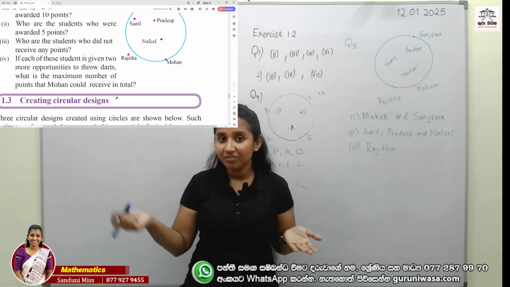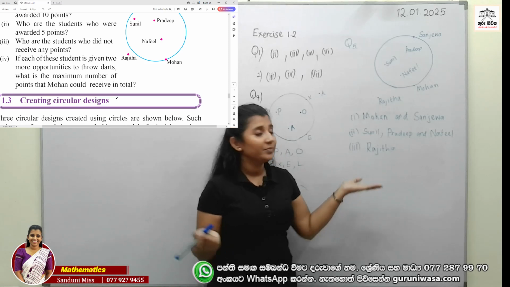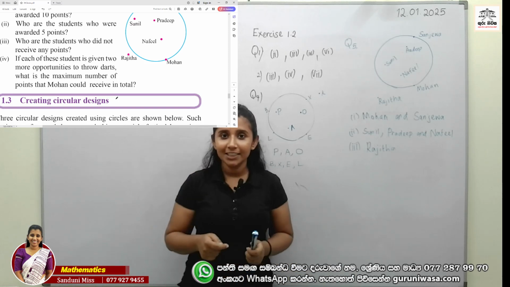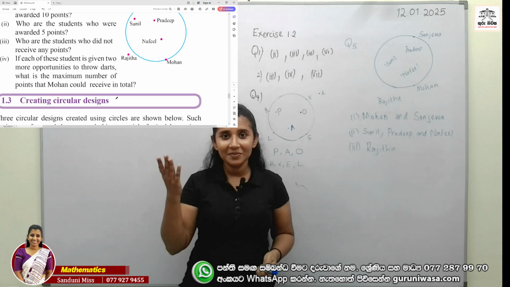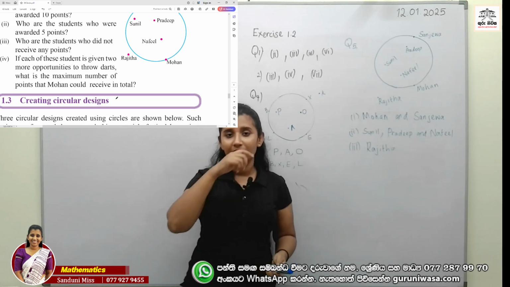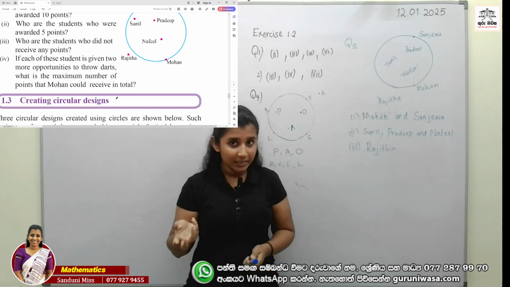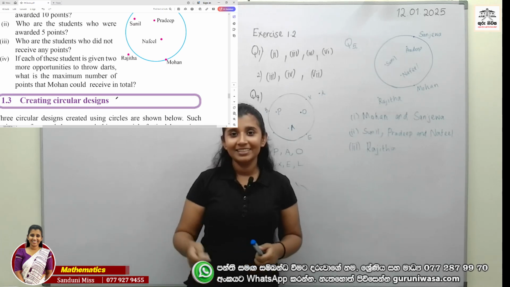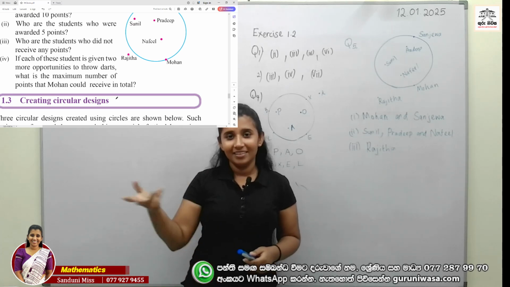Now they ask the maximum number of points. So if he has obtained 10 points this round, what can he obtain in the second round if he puts it on the circle? Obviously 10, right? That is the maximum. Sometimes he can fall inside also, but they're asking the maximum. The next round also, he'll throw it, then he can obtain 10.